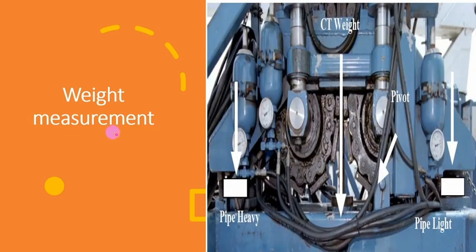Weight measurement is made by many methods. It can be done hydraulically or electrically. For the hydraulic one, to measure both tension and compression, you must have two load cells, pipe heavy and pipe light, and of course a pivot point.